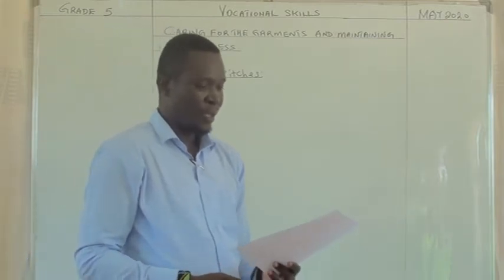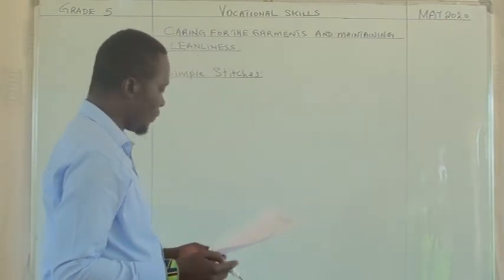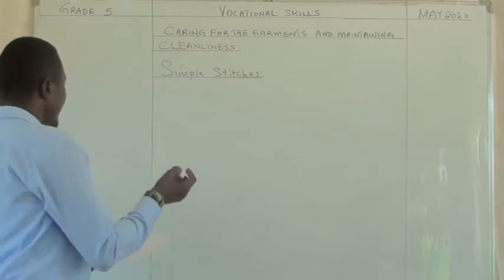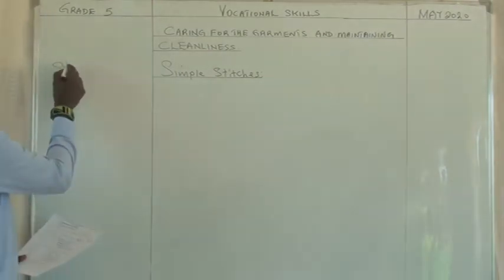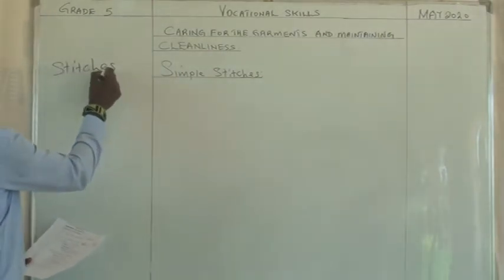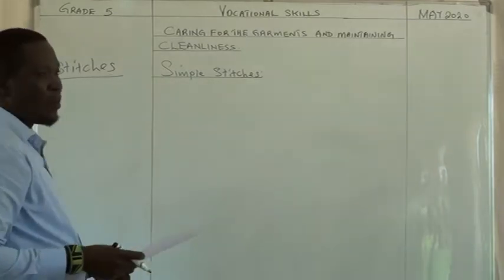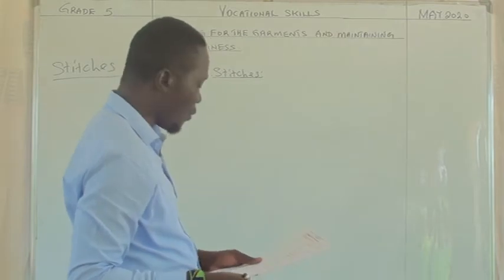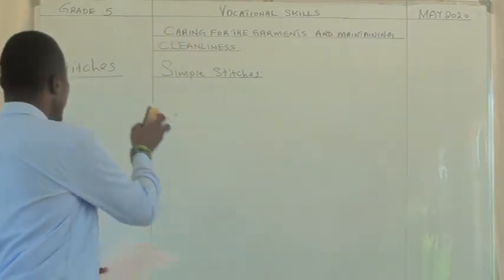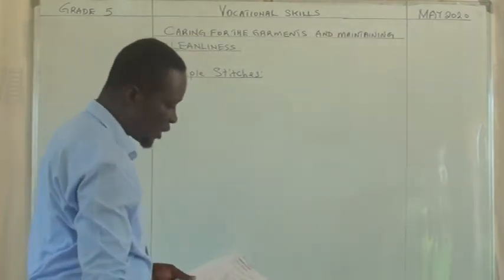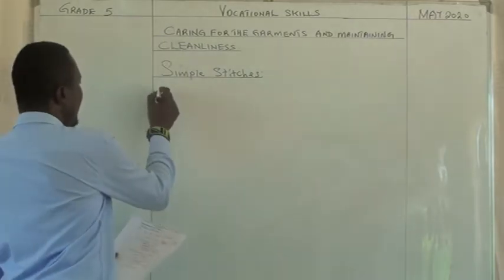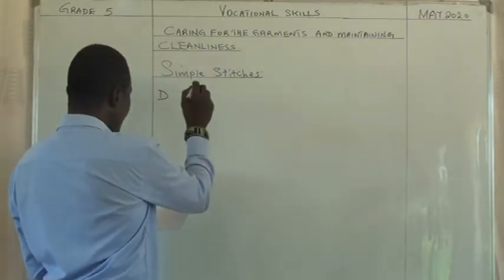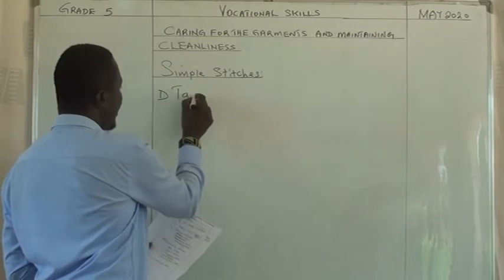Now, we said last time that stitches are grouped into four major categories. These are the groups of stitches. One, we have what is known as the tacking stitch.